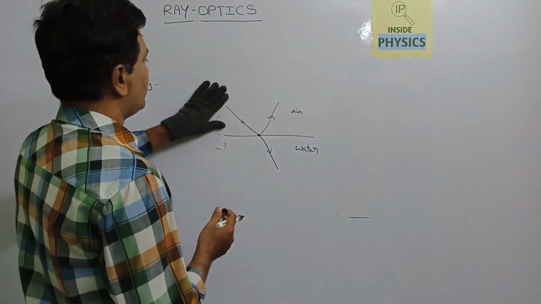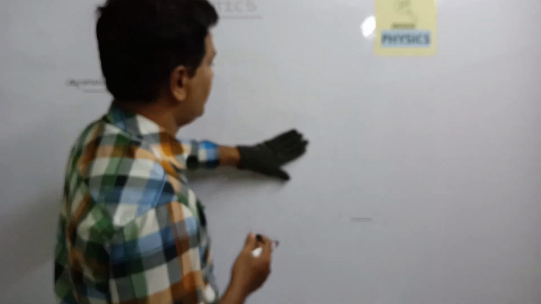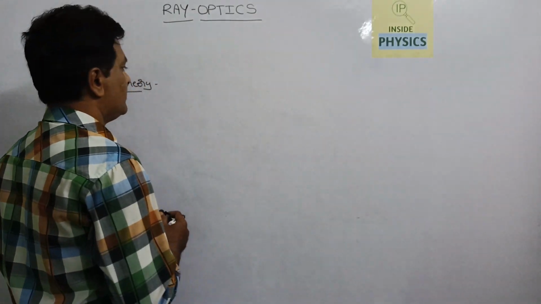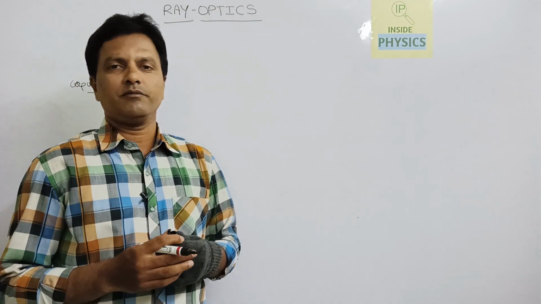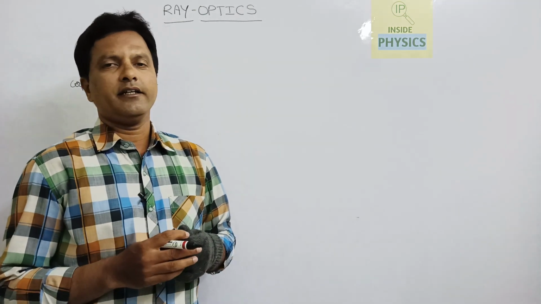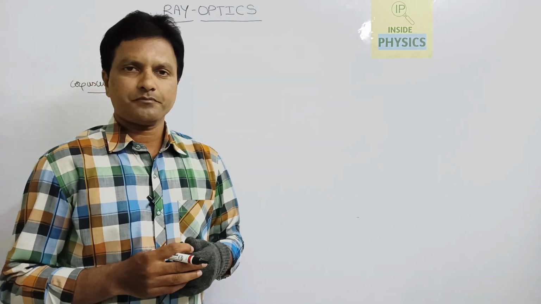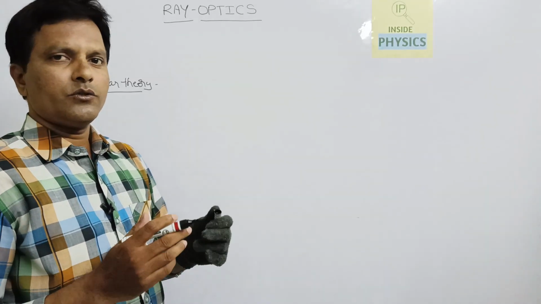If we consider the light ray as a wave, we can successfully explain the refraction process. Whenever a light ray is incident on an interface between two mediums, the light wave will be divided into two parts, and the intensity will also be divided into two parts.